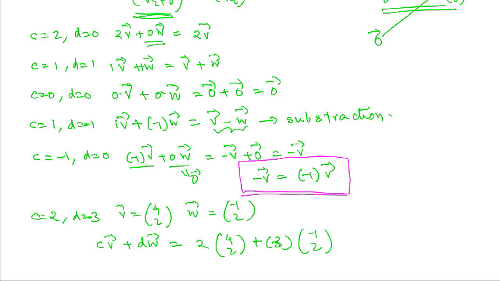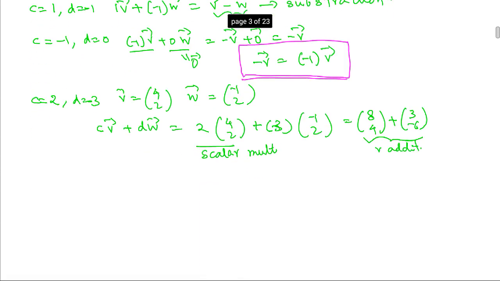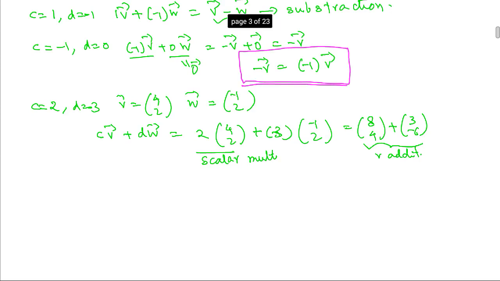Now you can apply scalar multiplication: (8, 4) and (3, minus 6). Then you apply vector addition, and after using the vector addition rules, we get this nice (11, minus 2). That's what this gives us.